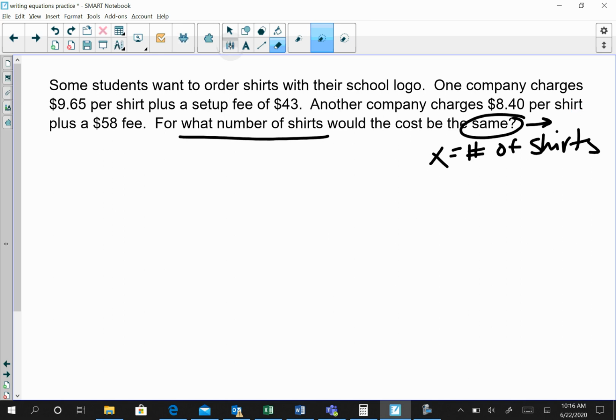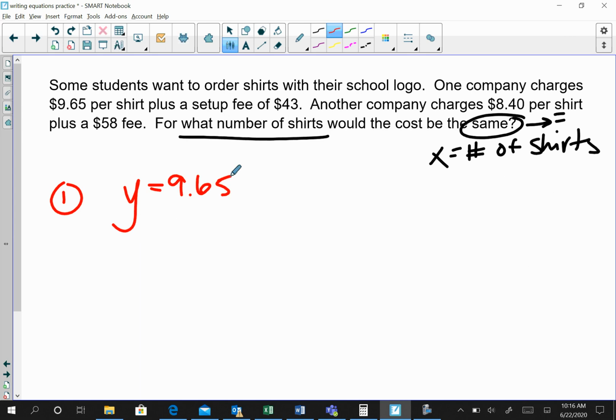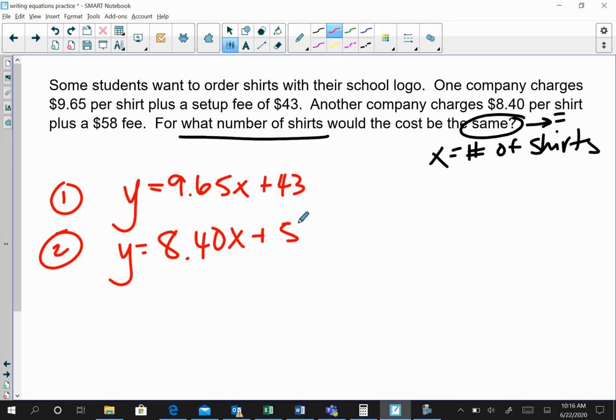All right, so first of all, I'm going to write the price of each company. Company 1 is $9.65 per shirt plus a setup fee of $43. Company 2 is $8.40 per shirt plus $58.